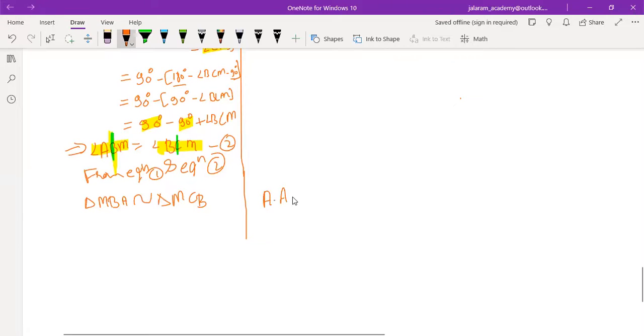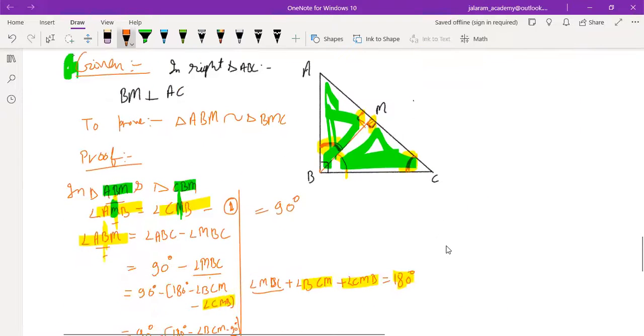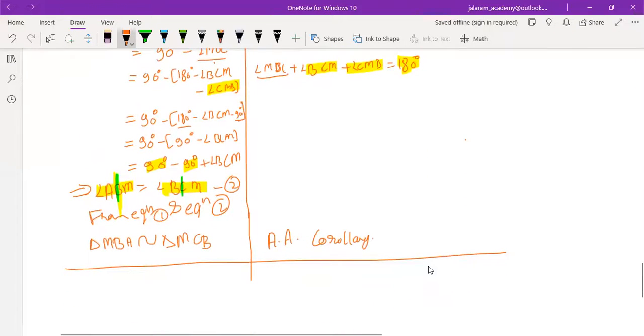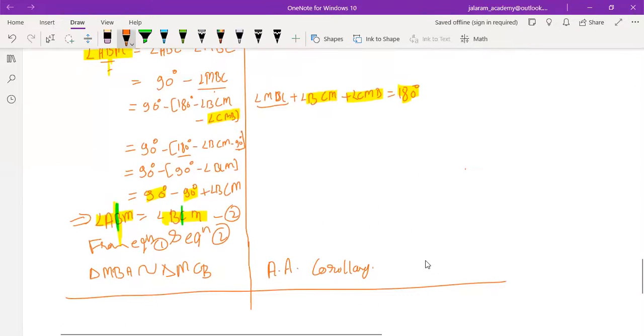We have to write them in order always. And this is the AA corollary. To prove the similarity between two triangles, we must use, first of all, the AA corollary, not the AAA criteria, as if two angles are equal, then the third angle will itself be equal. Similarly, we can prove the other also.